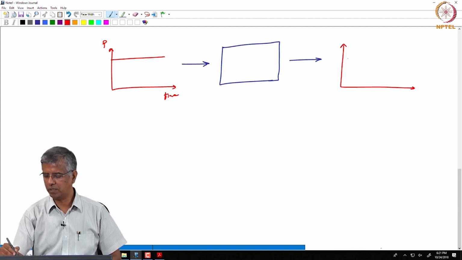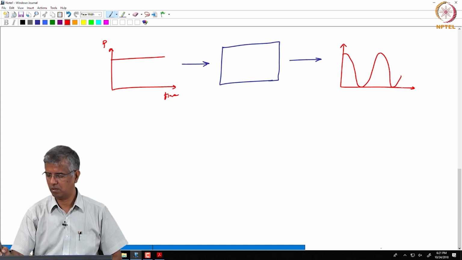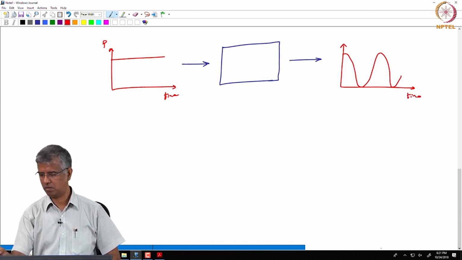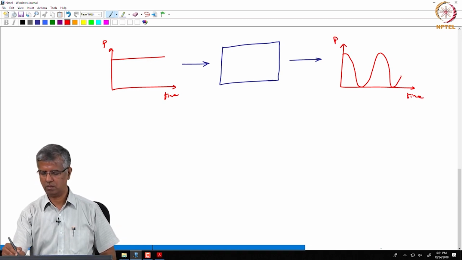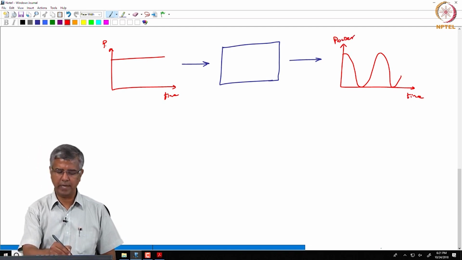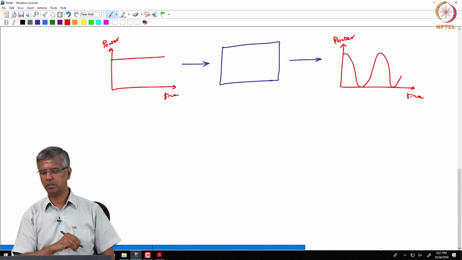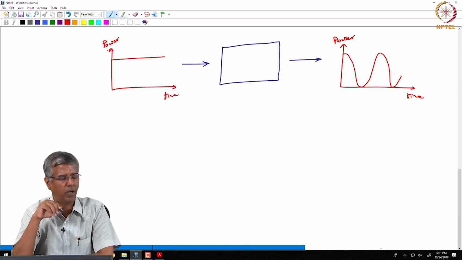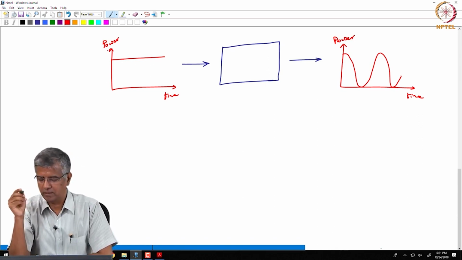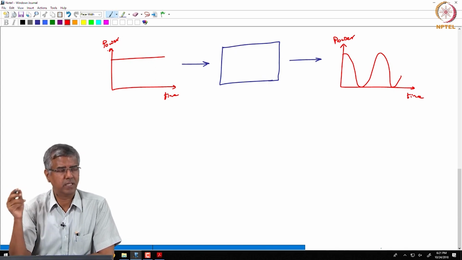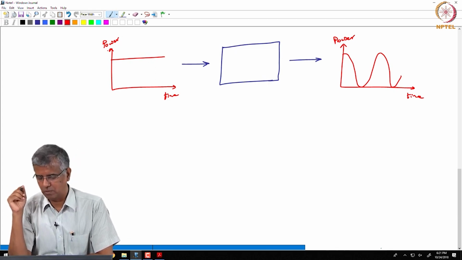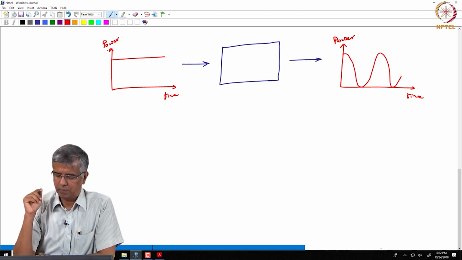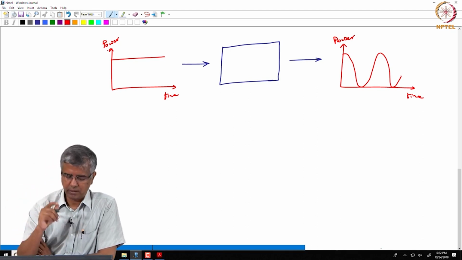Can you convert it to something like this? Can you modulate this light power or light intensity or the number of photons that are going through this black box? How can you modulate that?